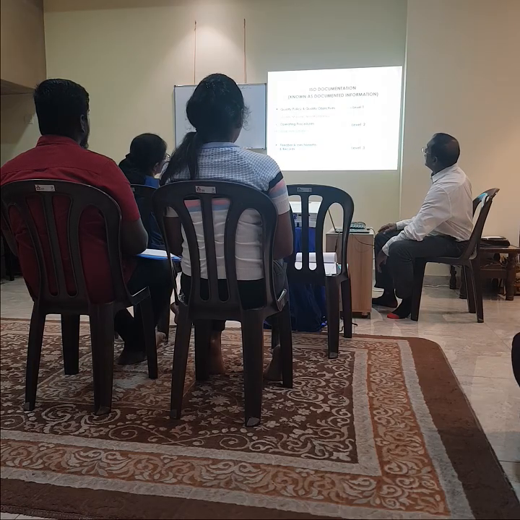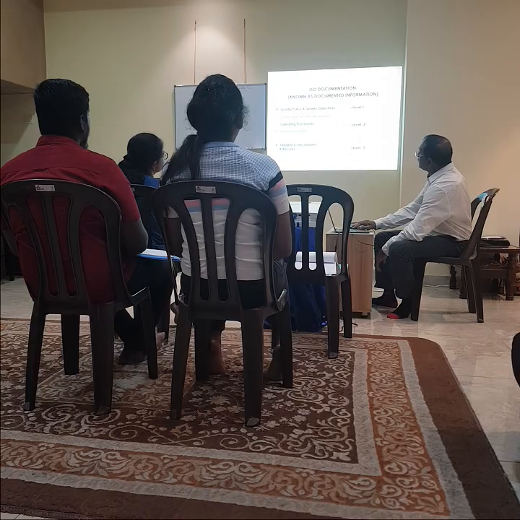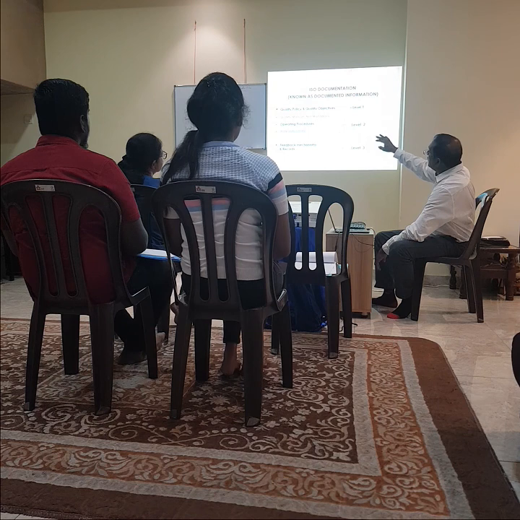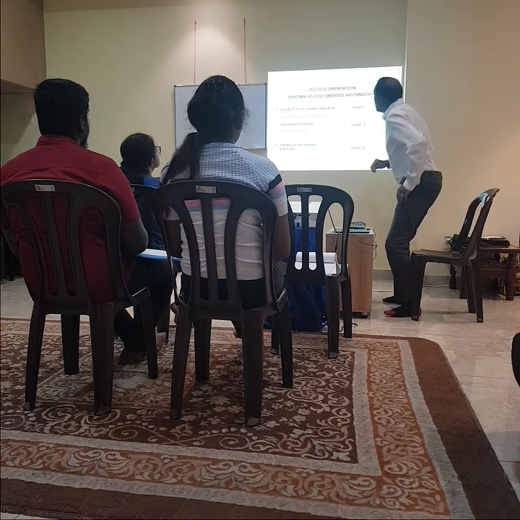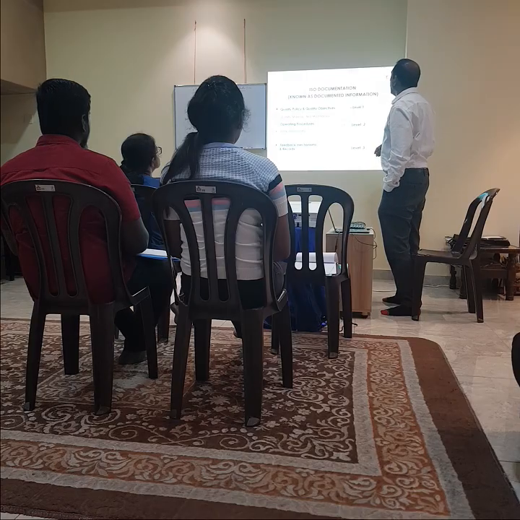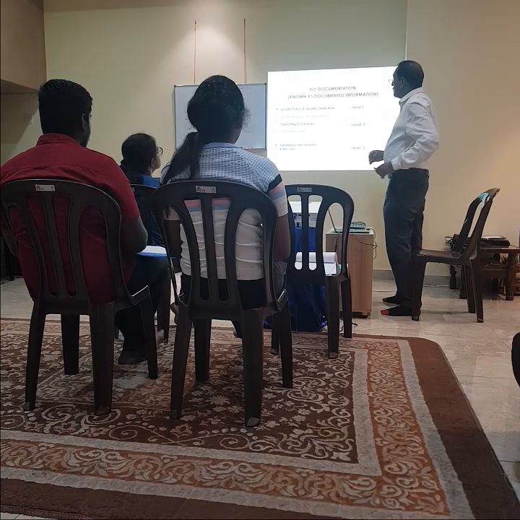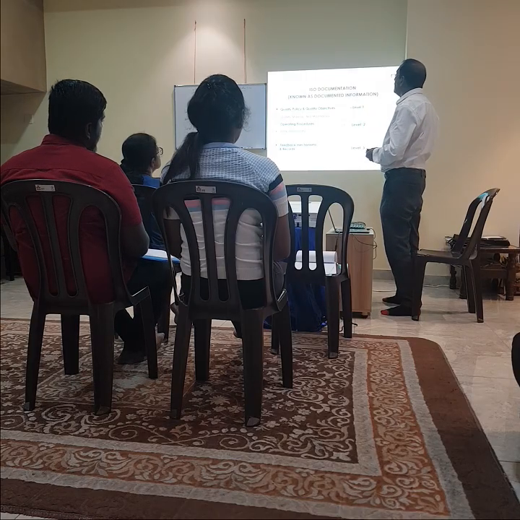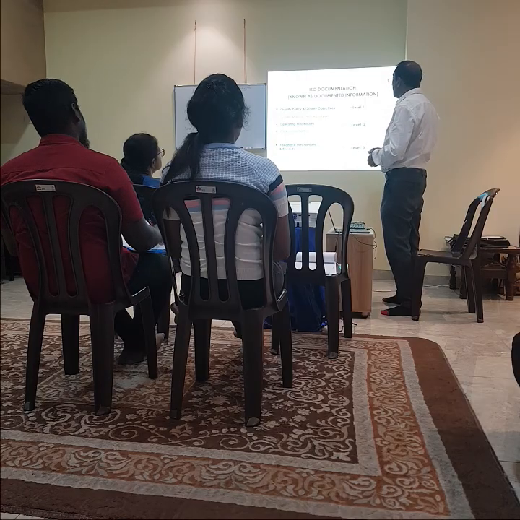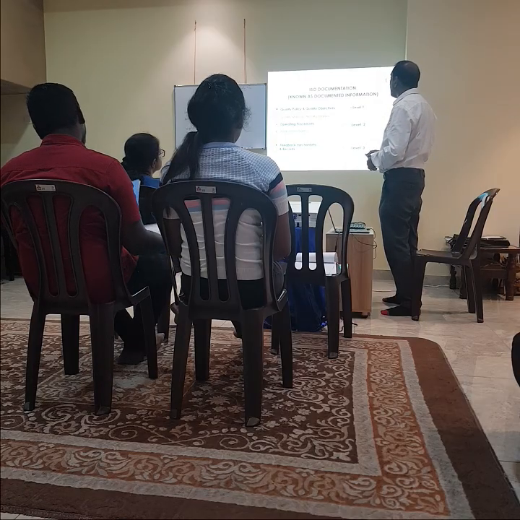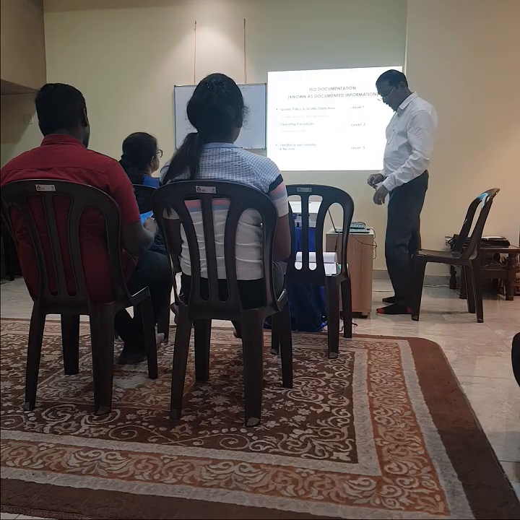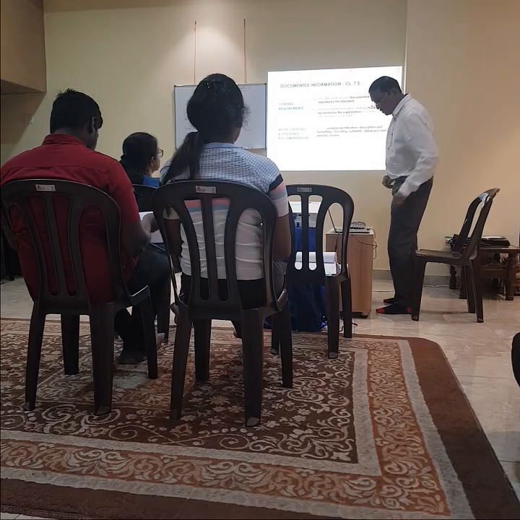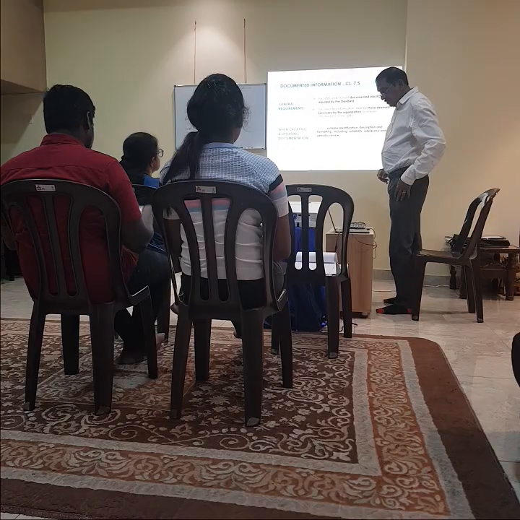This is ISO documentation. First level: quality policy, quality objective. We can also put in the general documentation, and below you see the operating procedure, work instruction, then the records as well. Level 1, level 2, level 3.